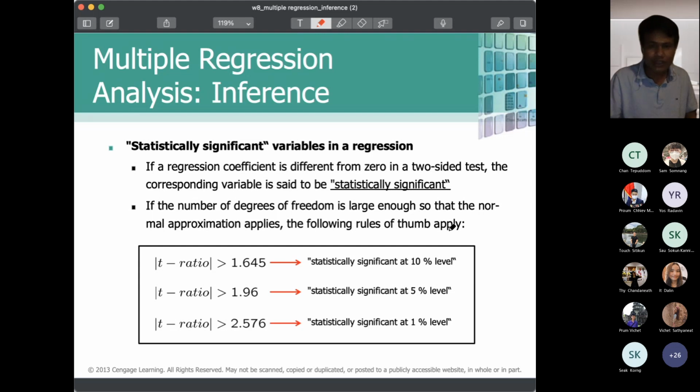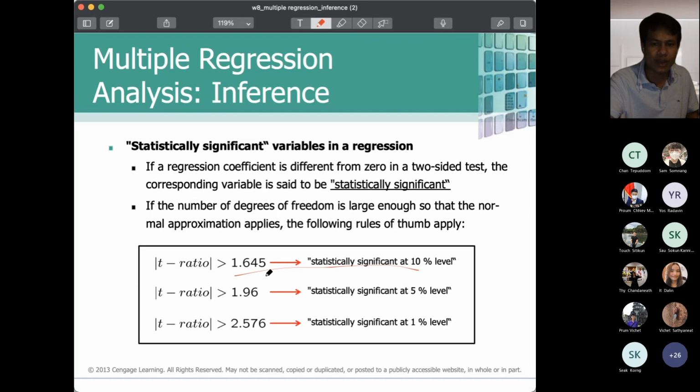If that is the case, remember this: the critical value at 10% is always 1.645. The critical value at 5% is this, and at 1% is this. If you have a T value, you can compare with these.